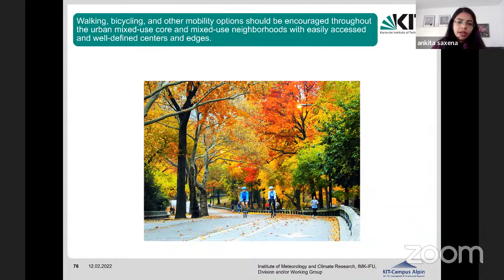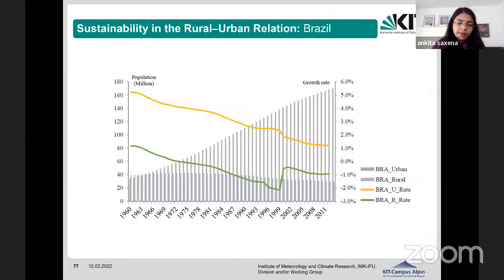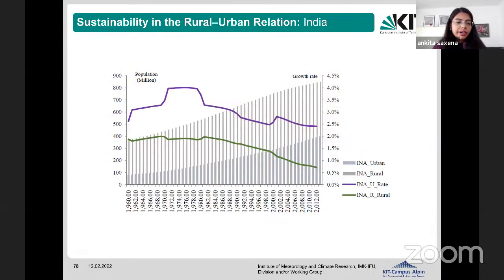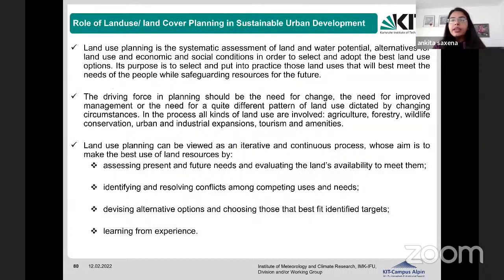This is how urbanization increases with population growth. And we have a great role of geospatial techniques in sustainable urban development. So land use land cover planning is very important for sustainable development scenarios.